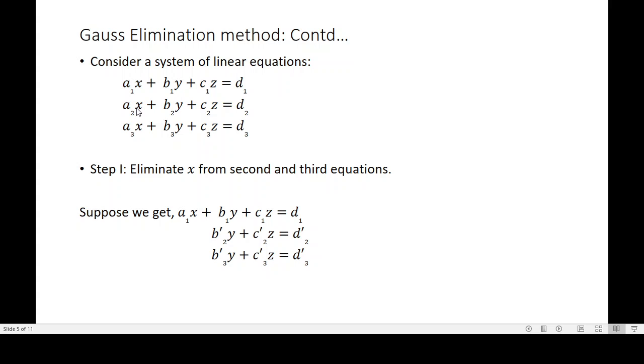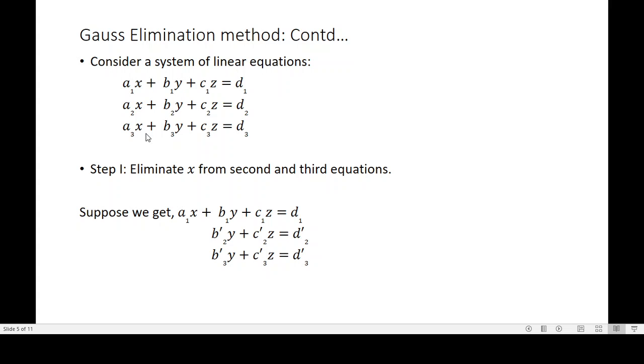So we multiply the first equation by a2/a1, where a2 is the coefficient of x in the second equation, and subtract it from the second equation. So x is eliminated. Now let us eliminate x from the third equation. The coefficient of x here is a3 and the coefficient of x in the first equation is a1. So we multiply the first equation by a3 divided by a1 and subtract it from the third equation.